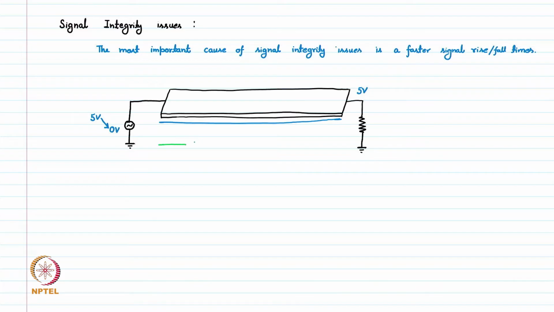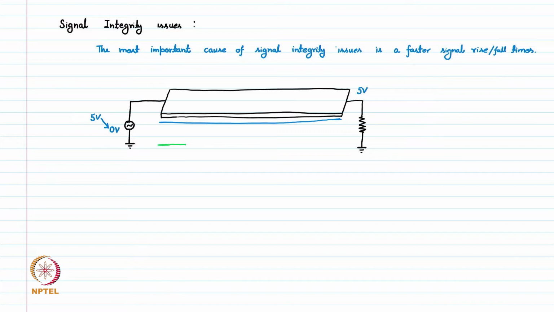So we assume that the length of this trace is relatively large, so immediately the signal will not reach from near end to the far end. It's going to take time because this trace now acts like a transmission line.